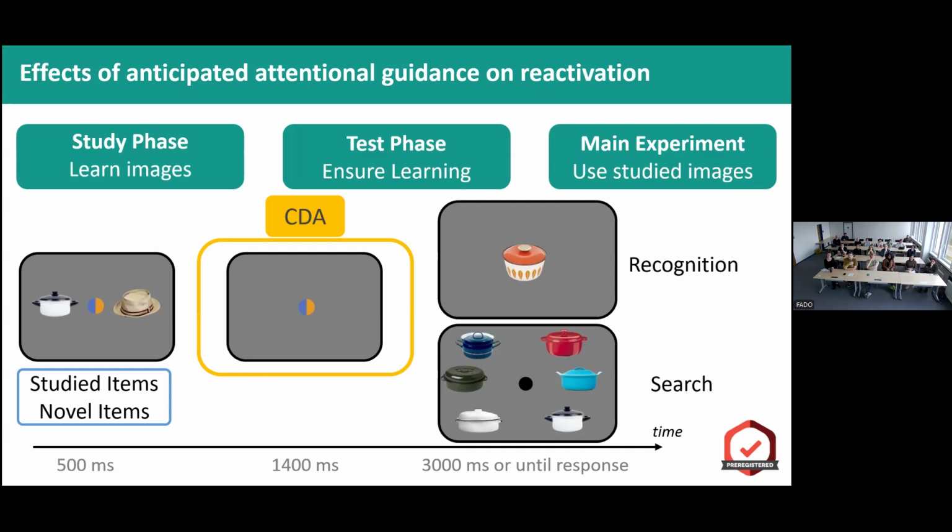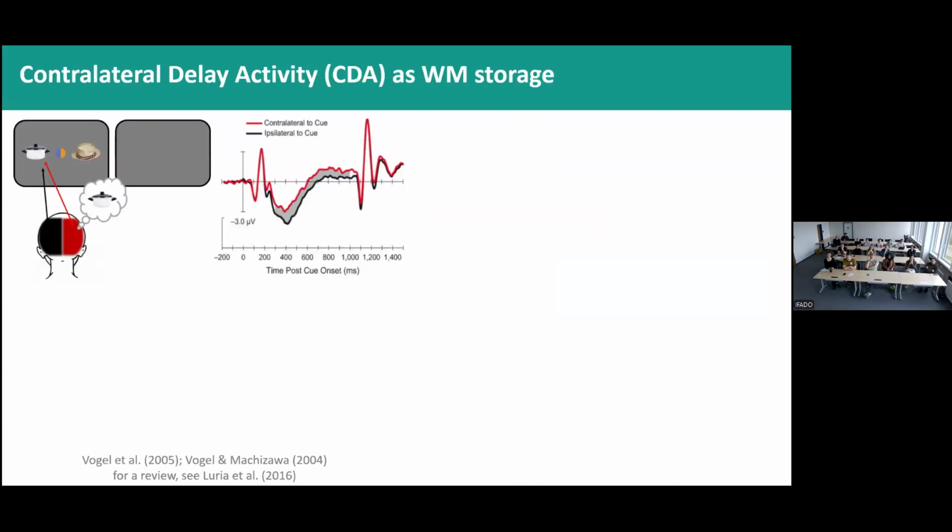Yes, so there was no CDA in this condition? No, so the CDA, let me go back to the CDA slide. The CDA is actually typically measured with novel items. We are one of the few labs that use previously studied items.